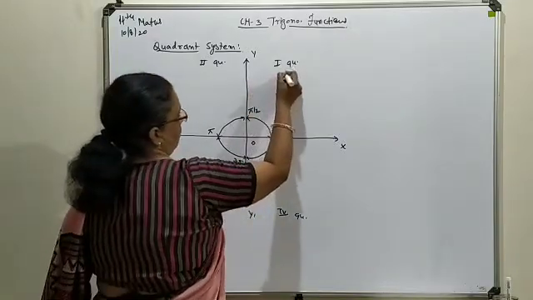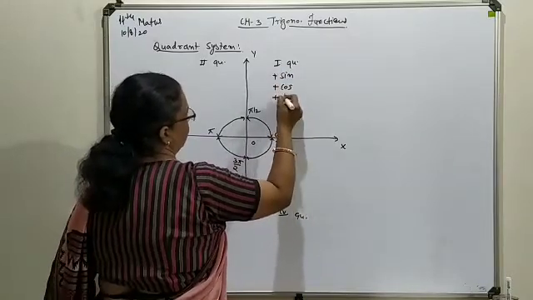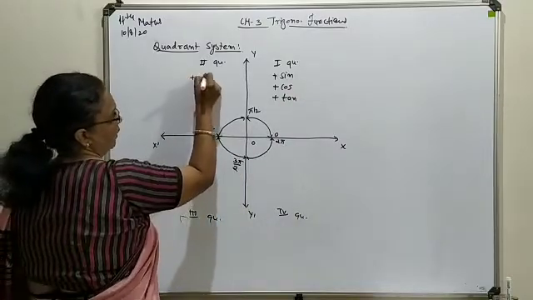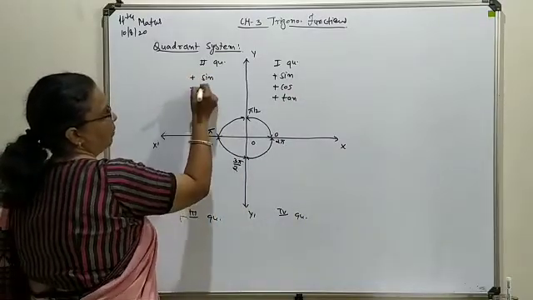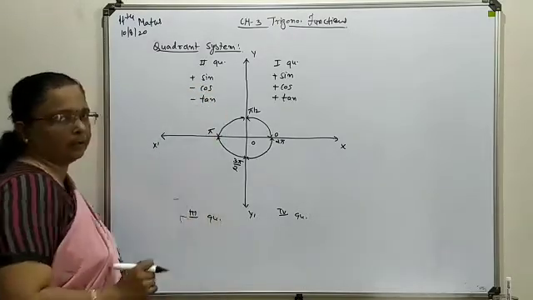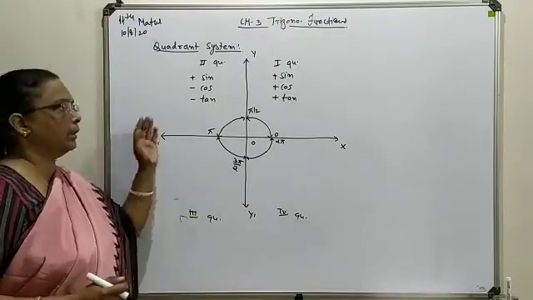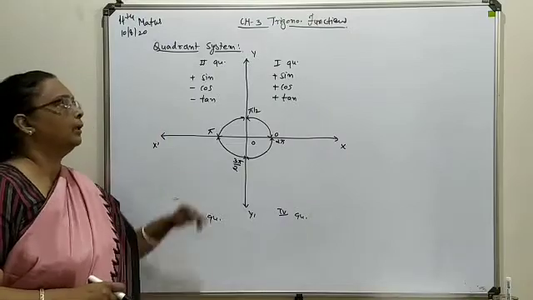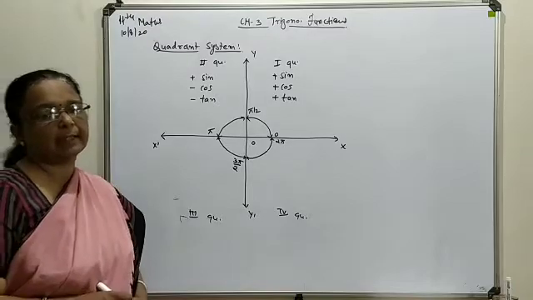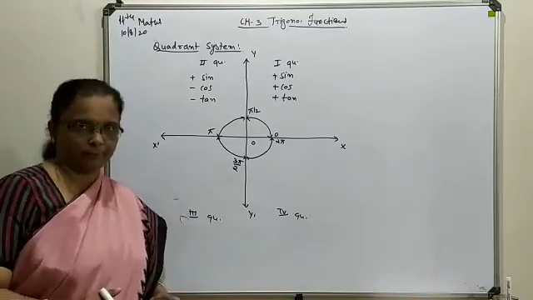In the first quadrant all terms are positive: sine, cos and tangent. In the second quadrant, sine carries a plus sign, cos is negative, and obviously tangent will carry a negative sign. For these two quadrants, we have studied in detail how to represent an angle in the second and first quadrant as a multiple of 90 and as a multiple of 180, and we have seen what change you will have.